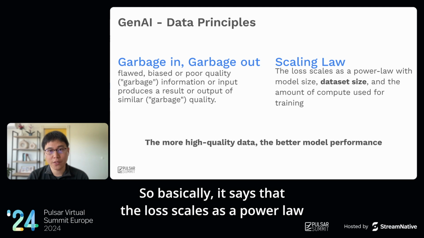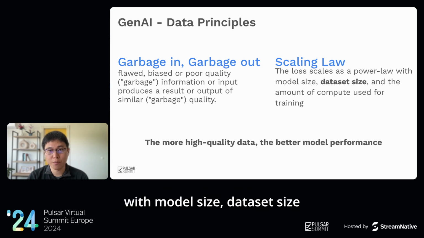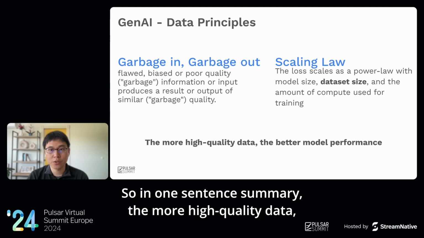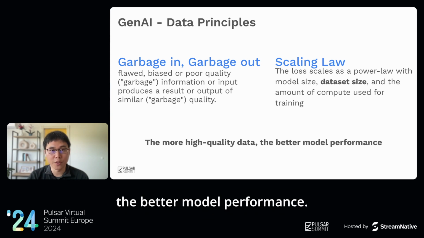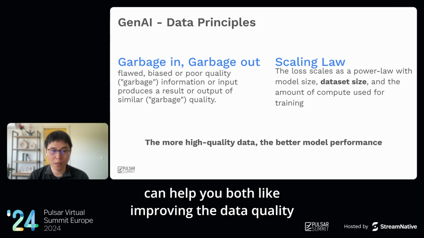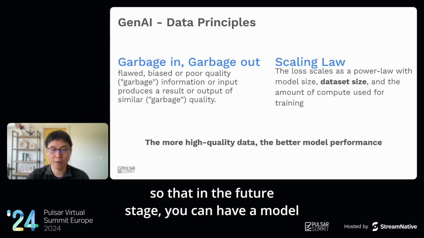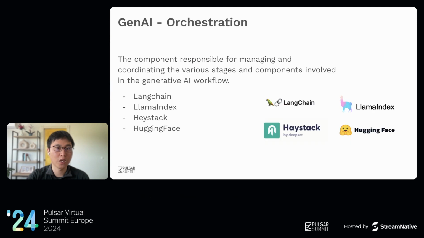Basically it says that the loss scales as a power law with model size, dataset size, and the amount of compute used for training. In one sentence, the more high quality data, the better the model performance. And that's why we think that utilizing Apache Pulsar can help you improve the data quality via ETLs and cleanings, as well as collect more data using real-time pipelines, so that in the future stage you can have a model with better performance.